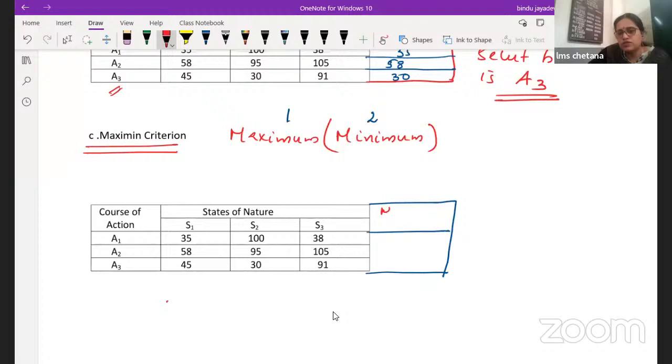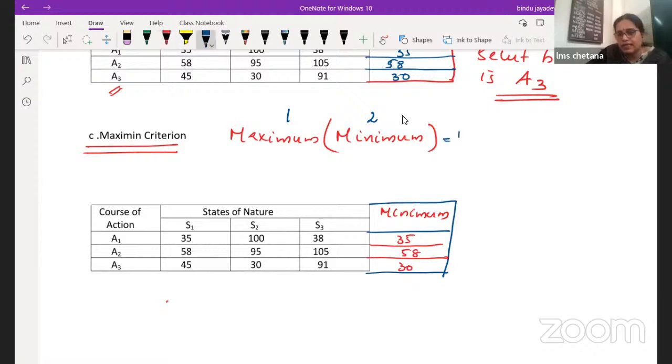Because it is the same question, that's why I'm doing it fast. Okay? Minimum. Now again, you know this is already done; we did it in Minimin. Therefore, what are the values here? This is 35, here 58, and this is the same column, 30. Okay? 35, 58, 30. But where does the difference come? See, maximum of minimum.